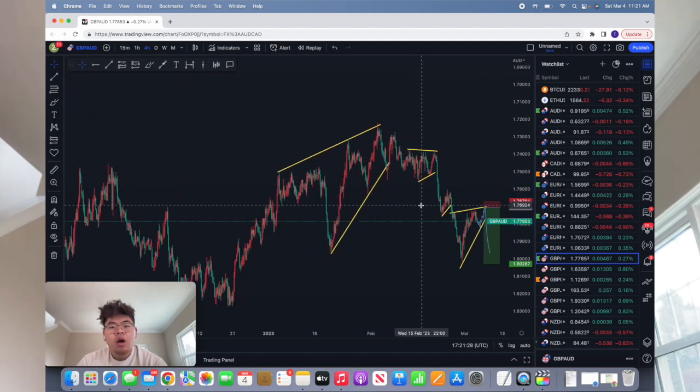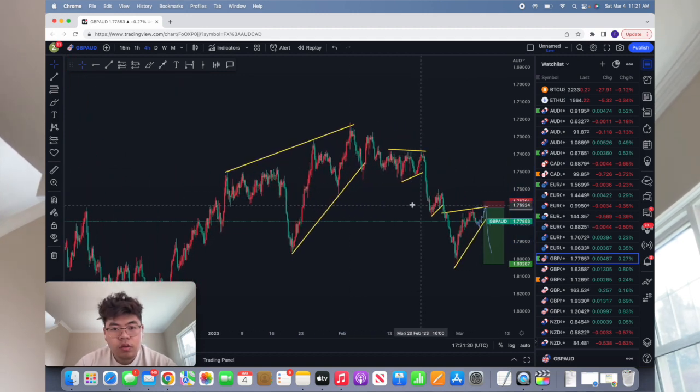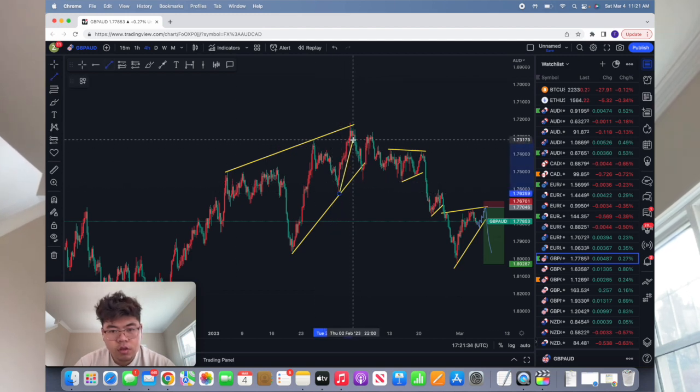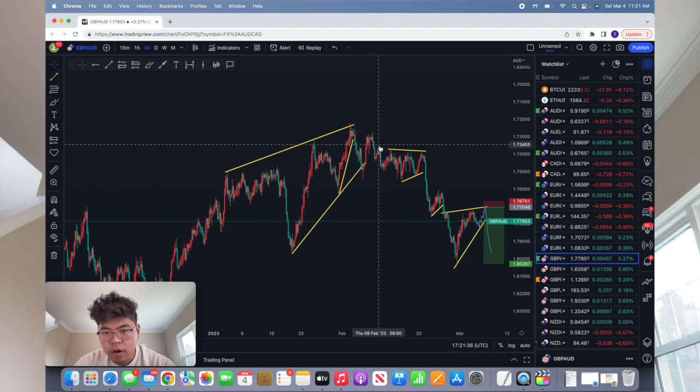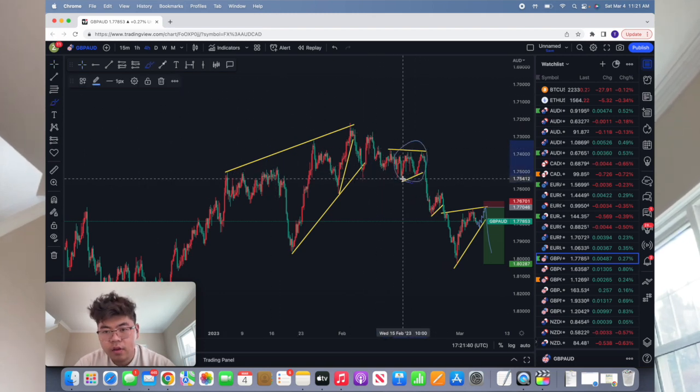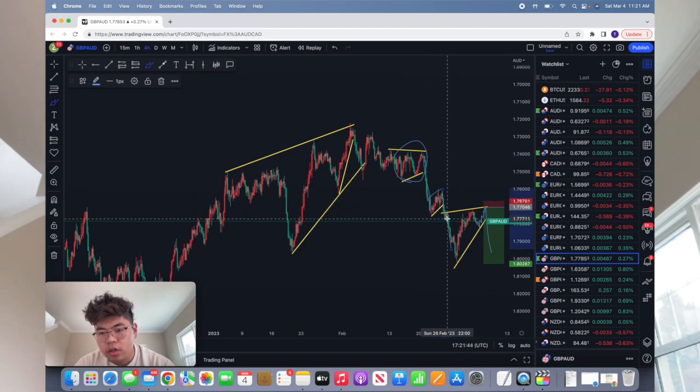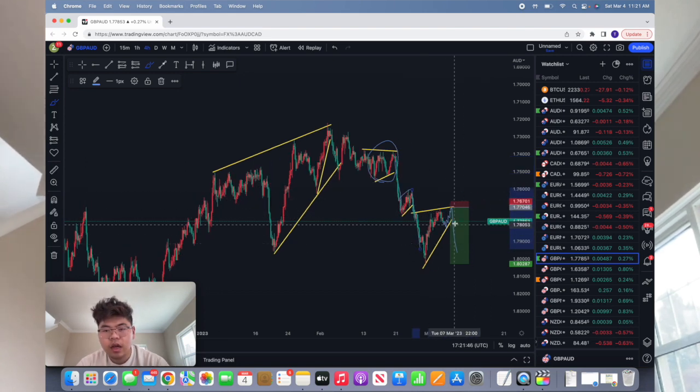Here. So correction on this end, followed by, what do we see? A flag, impulse, correction, continuation, another correction. I would take this to the upside.